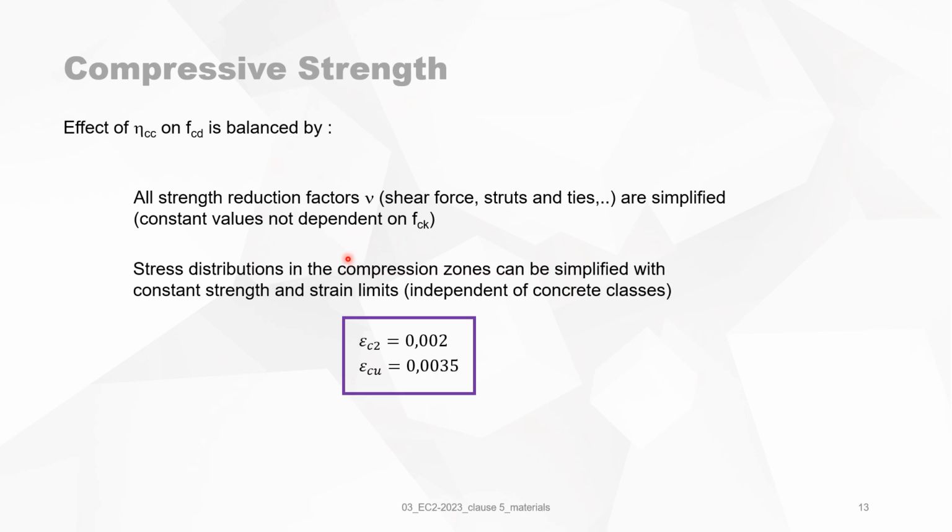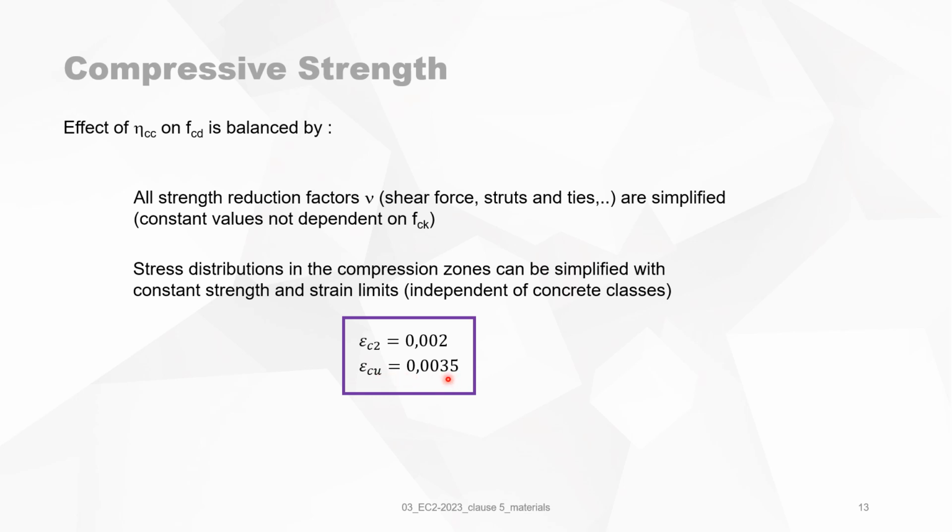And also for high strength concrete, what they have done is that the limit strain of the rectangular portion is 0.2%, and the highest value is 3.5% for the parabolic.